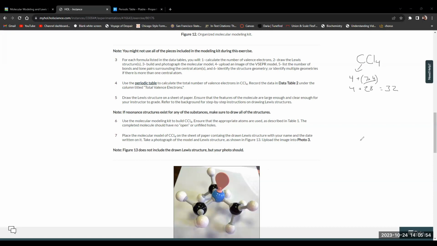So now it's time to draw the structure. So again, carbon in the middle. I'm getting ahead of myself. I need to stop doing that. And let's draw chlorines. 4 of them, each having 7 electrons.